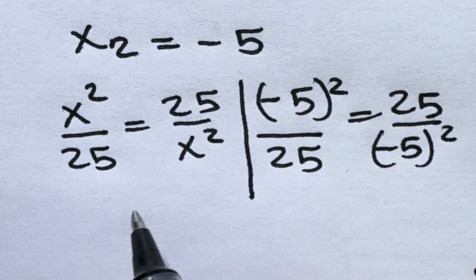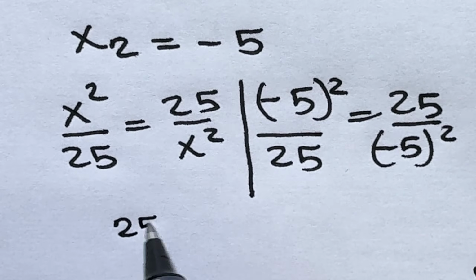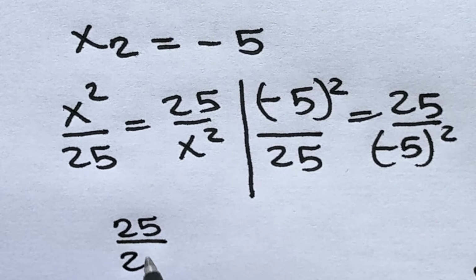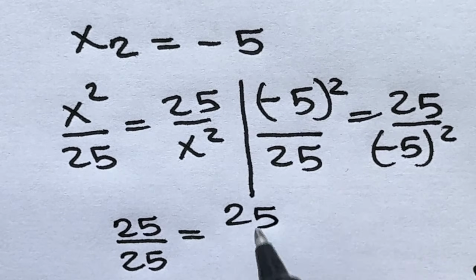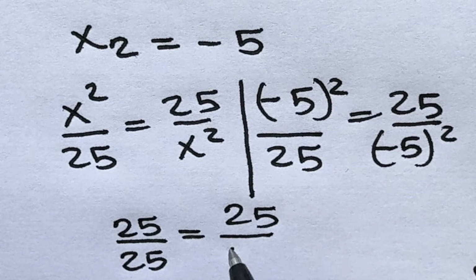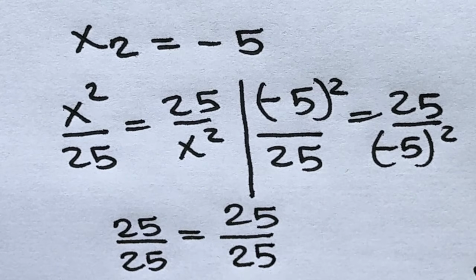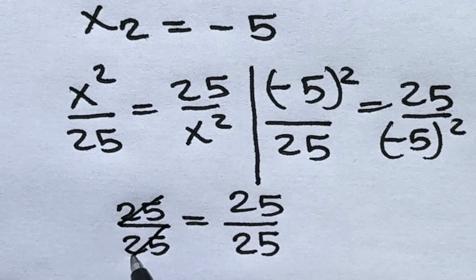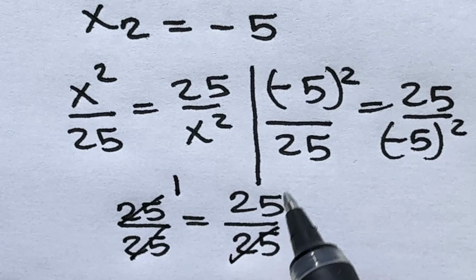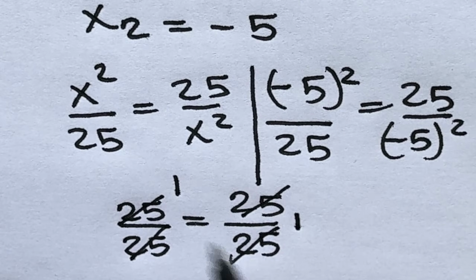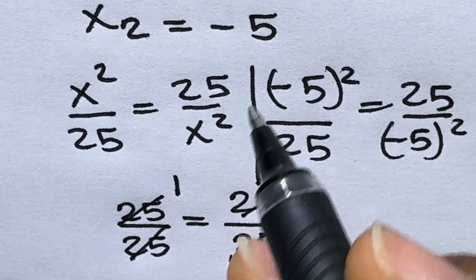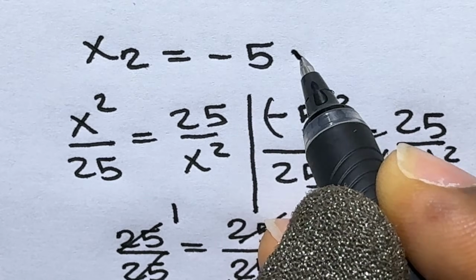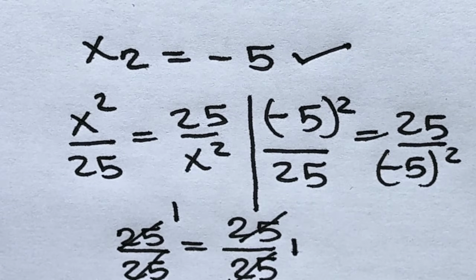Negative 5 raised to power 2 is 25, and 25 divided by 25 is equal to 25 divided by 25. Since 25 divided by 25 is still 1, left hand side is equal to the right hand side. It confirms that this solution is also correct and acceptable.